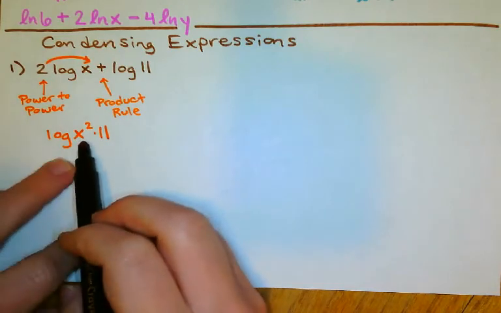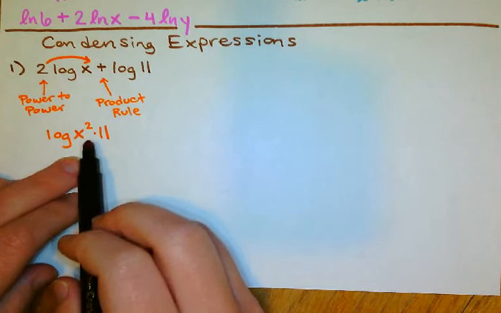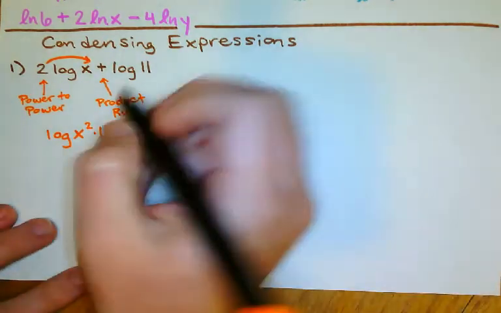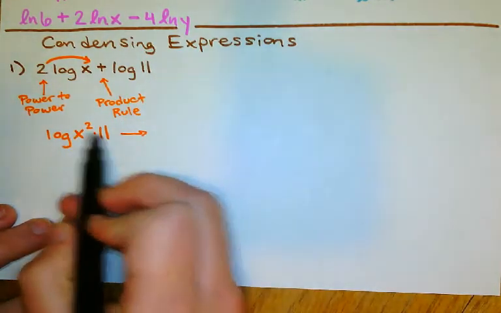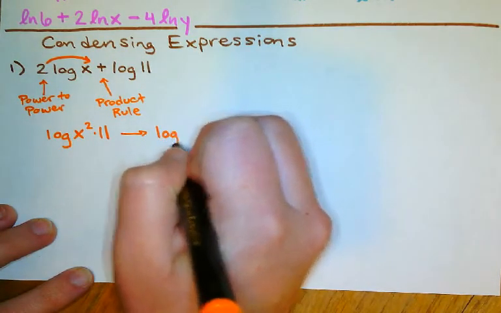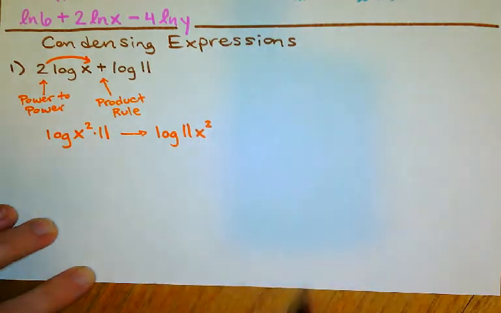Now, I'm really quickly going to rewrite this because normally, if I have x squared times 11, how would we answer that? 11x squared, right? So, I'm just going to rewrite this with that number in front of my x squared. So this is log 11 x squared. Done. There we go.